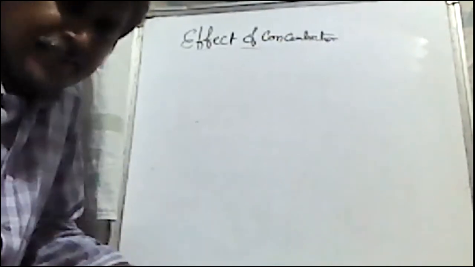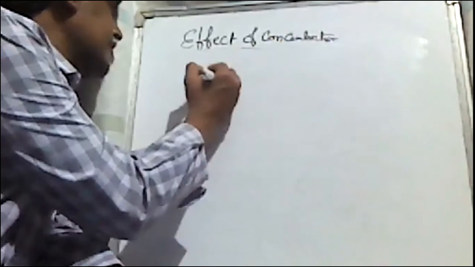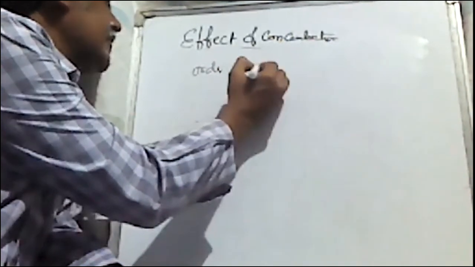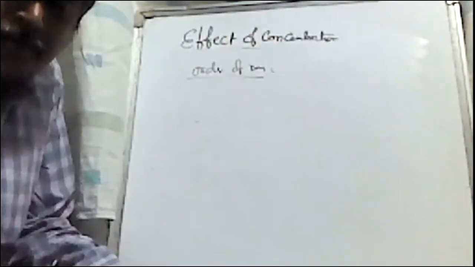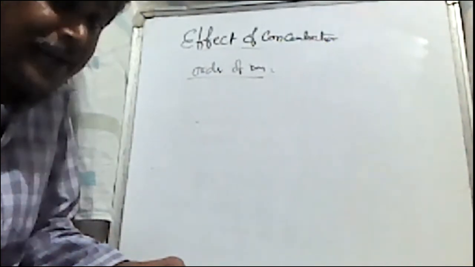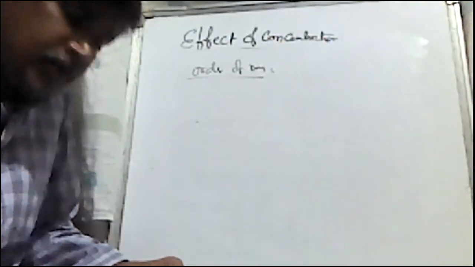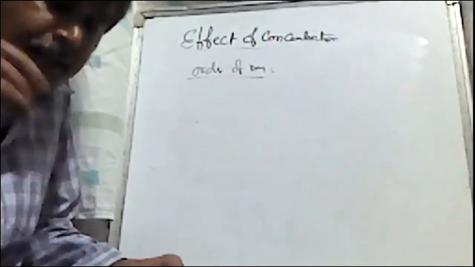Now let us go back to the order of reaction. What is the order of reaction? The order of the reaction is the sum of the powers of the concentrations of reactants in the rate equation.